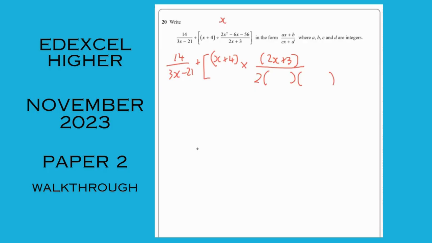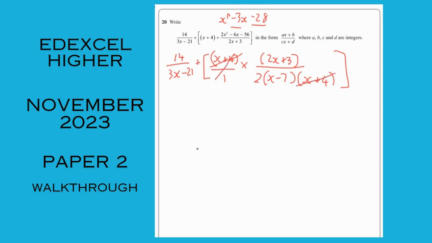So really we're factorising x squared minus 3x minus 28, and two numbers which multiply to make negative 28 and add together to make -3 is x minus 7 and x plus 4. As you can see, we've got an x plus 4 on top and x plus 4 on the bottom.